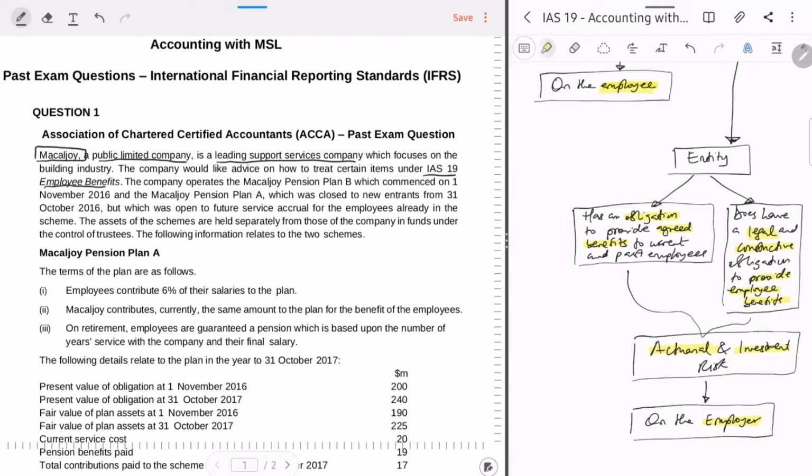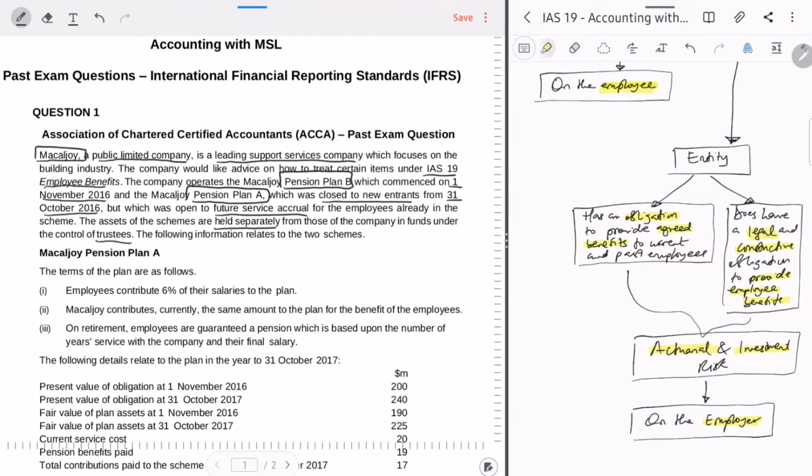The company operates the Macau Joy Pension Plan B, which commenced on 1st November 2016, and Macau Joy Pension Plan A, which was closed to new entrants, interesting, from 31st October 2016, but which was open to future service accrual for the employees already in the scheme. The assets of the schemes are held separately from those of the company in funds under the control of trustees. This is the norm in different territories around the world. Then the following information relates to the two schemes.